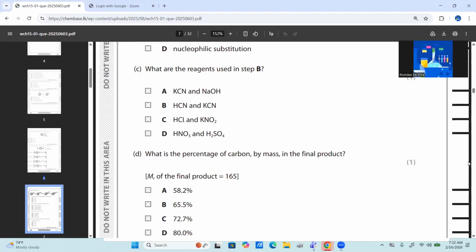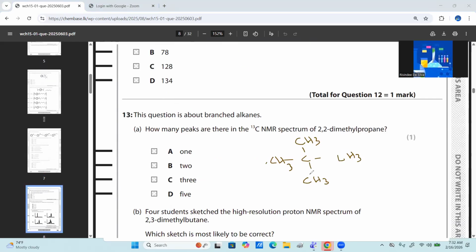Propane means there should be 3 carbon atoms: 1, 2, 3. 2,2-dimethyl means on the second carbon I should have 2 methyl groups. If you take the carbon-13 atoms, children, we can see all 4 methyl carbon atoms connected to 1 carbon atom. So all of them will have 1 chemical environment, and there's another carbon in the middle. So altogether there will be 2 carbon environments.